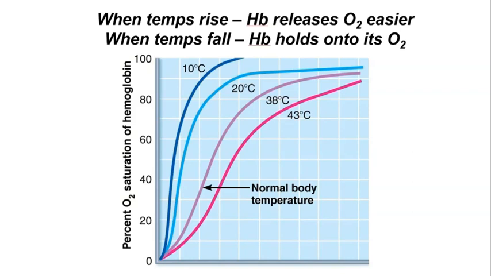A shift to the right is physiologically important because as we exercise, our body temperature goes up a little bit, so hemoglobin is more easily releasing its oxygen when we are exercising. That makes that oxygen more available to the tissues that are using it during exercise.